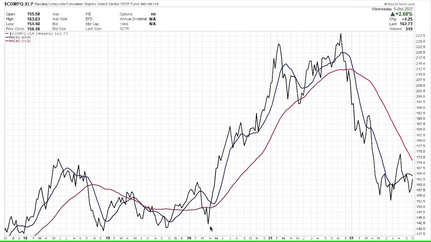Stabilized, and then finally in March, April of 20, we took off. So what we want to see here is some consolidation, want to see these moving averages kind of stabilize. That's going to be an important indicator to keep an eye on.